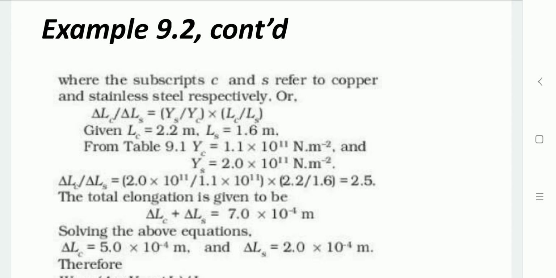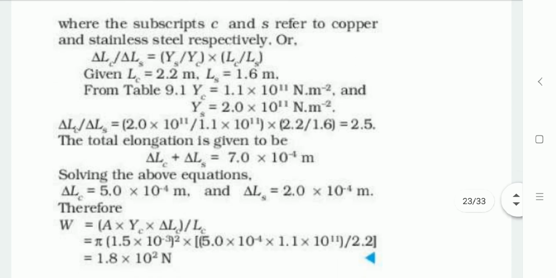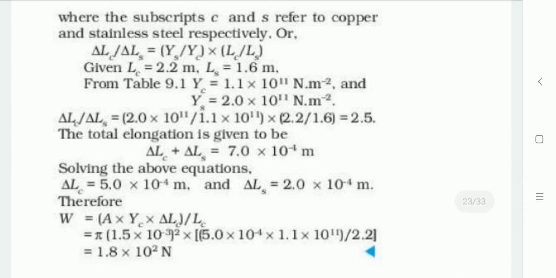So we have two equations, delta Lc by delta Ls equal to 2.5 and delta Lc plus delta Ls equal to 0.7 millimeter. Two unknowns, two equations. By solving both the equations, we get delta Lc equal to 5 into 10 raised to minus 4 meter and delta Ls equal to 2 into 10 raised to minus 4 meter.